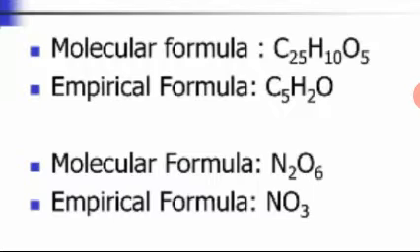So it becomes C5, 5 fives are 25, 5 twos are 10 and 5 ones are 5. So empirical formula becomes C5H2O. This cannot be further divided. So it is the simplest ratio between the atoms and it is this empirical formula. It is also an organic compound.